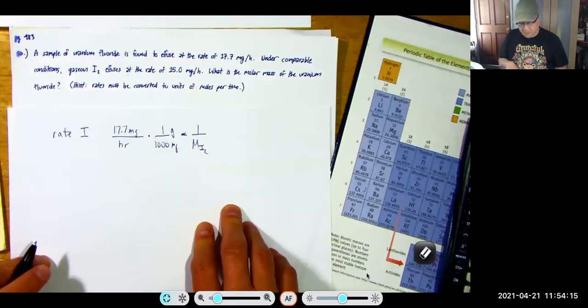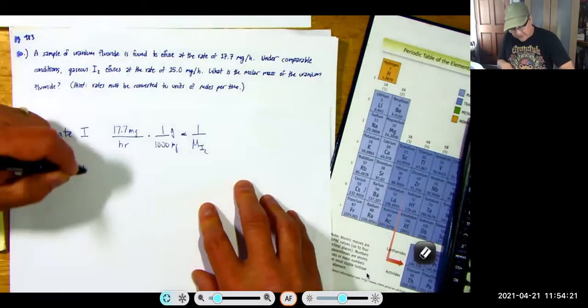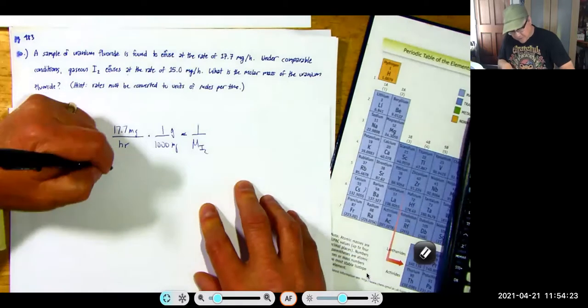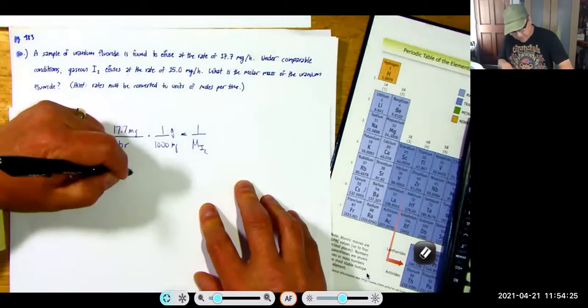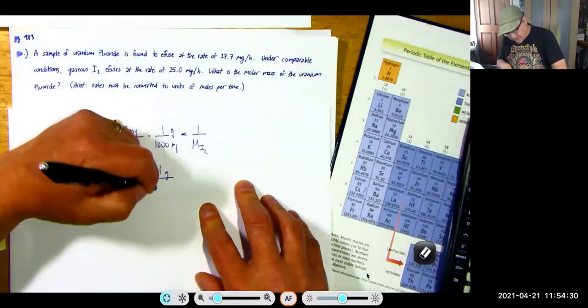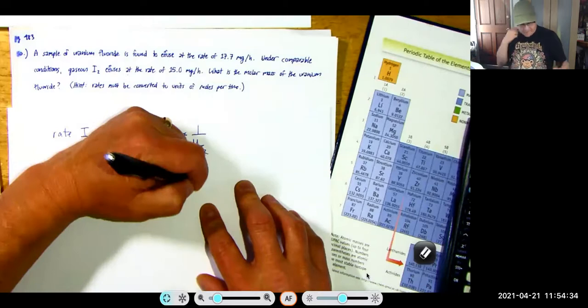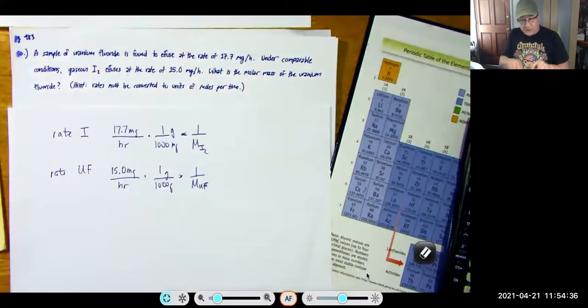Right? So we could do that, and we could say that the rate of UF is 15.0 milligrams per hour times 1 gram over 1,000 milligrams times 1 over the molar mass of UF. So those are the rates.